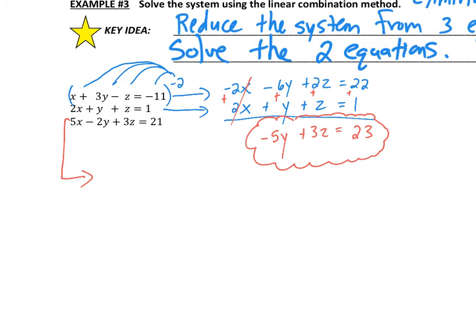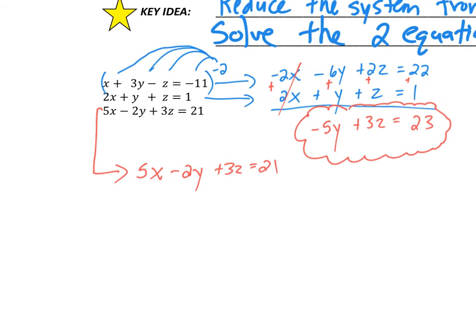So if we take the third equation, which is 5x minus 2y plus 3z equals 21, which equation would be easiest to cancel out x? The top one or the middle one? Middle. So think about which one would be easiest to change into a -5. Oh, top. The top.